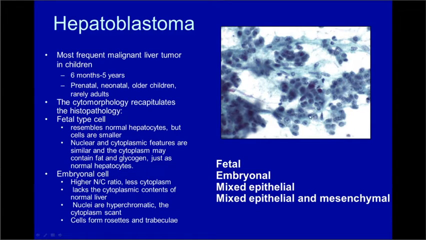Sometimes the cytoplasm may contain fat and glycogen, just as hepatocytes, or else they may have a less differentiated component called the embryonal cell component that has a higher N/C ratio and lacks cytoplasm and will lack the cytoplasmic contents. Those cells will form rosettes and trabeculae. And then sometimes there may be a mesenchymal component combined here that may vary in its differentiation. This is something to suspect in children, or perhaps mostly in children.